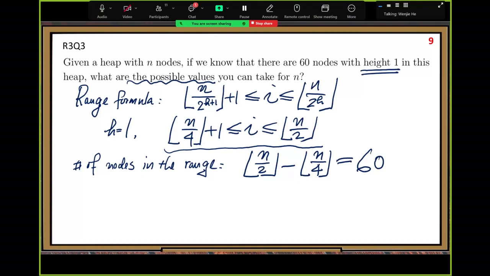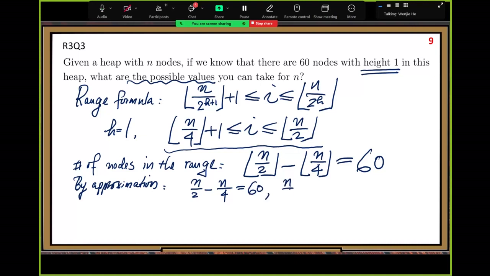How to solve it? By the approximation way. We just remove the floor function. n over 2 minus n over 4 equals 60.